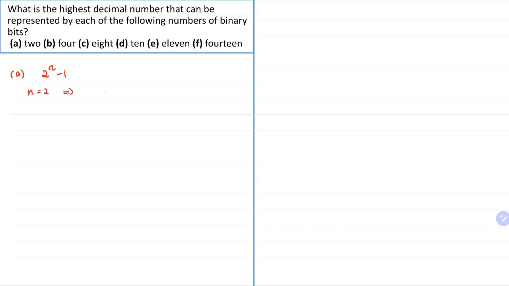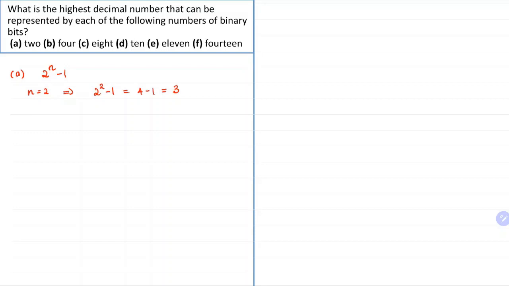So we have 2 to the 2 minus 1, that is 4 minus 1, and this is 3. So the highest decimal number that can be represented in a 2-bit binary system will be 3.